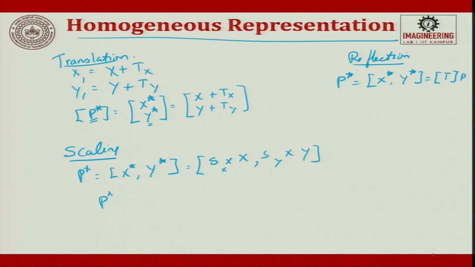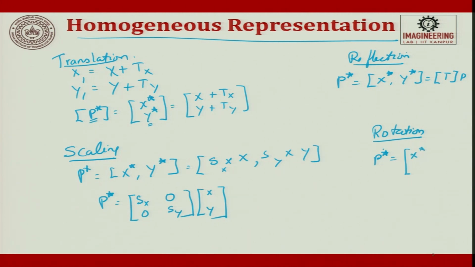This is represented as the matrix s x 0 0 s y, multiplied by x and y. When we talk about rotation, it is P star equal to cos theta minus sin theta, sin theta cos theta, which will be multiplied by x and y. These are the transformations which we saw.